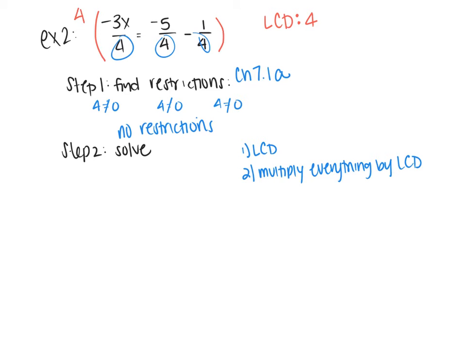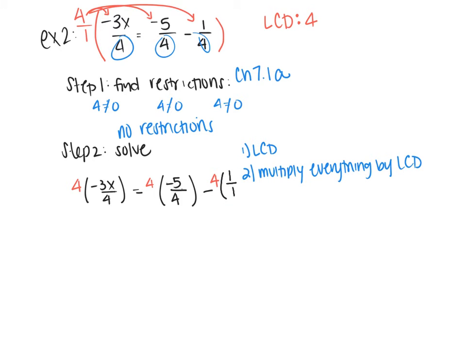What that means is essentially I'm going to distribute 4 to every fraction. Now this is 4 over 1, so I'm multiplying every top by 4. So I have 4 times negative 3x over 4 equals 4 times negative 5 over 4 minus 4 times 1 over 4.